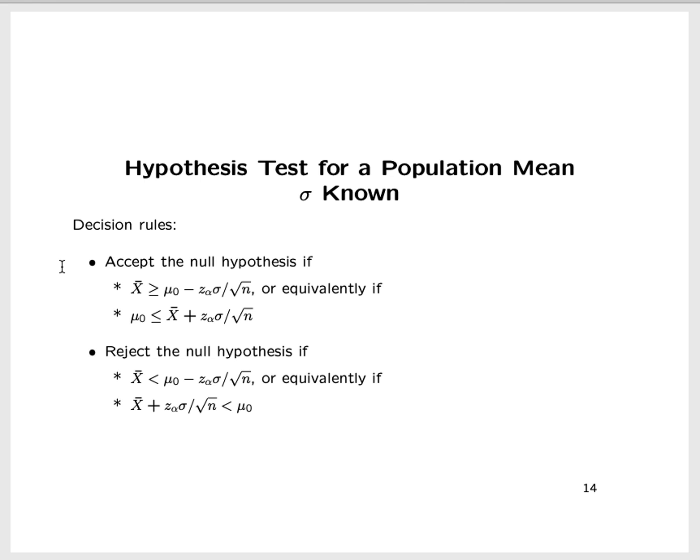We would accept the null hypothesis if the hypothesized value, mu sub 0, is less than or equal to x bar plus z sub alpha times the standard error of x bar. And we would reject the null hypothesis if the hypothesized value mu sub 0 is greater than x bar plus z sub alpha times the standard error of x bar.